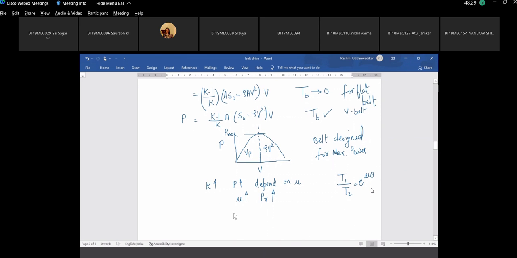So normally for the leather belt, which is the most commonly used belt, the value of mu is limited to 0.3 to 0.35. For further increasing the value of mu, it is specially coated. So with the coating and the type of the coating, the value of mu can be further increased.